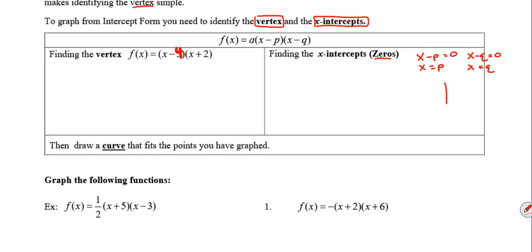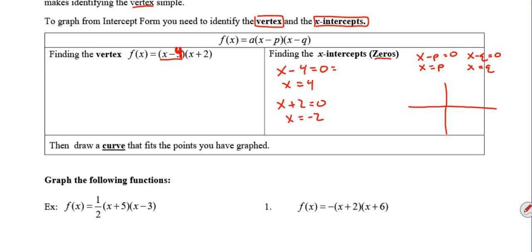So that means on my graph, these would be where I cross the x-axis. If I have x minus 4 and I set that equal to 0 and solve, I get x equals positive 4. If I do x plus 2 equals 0, I get x equals negative 2.